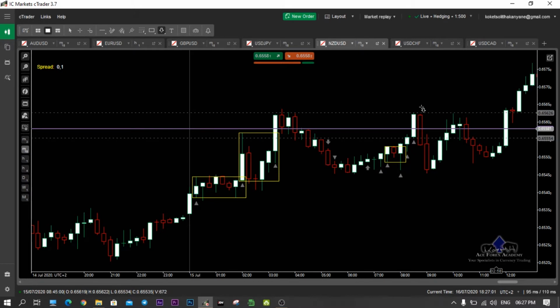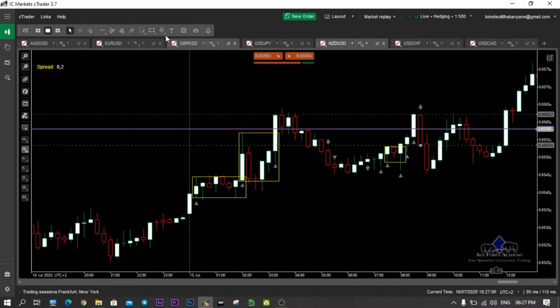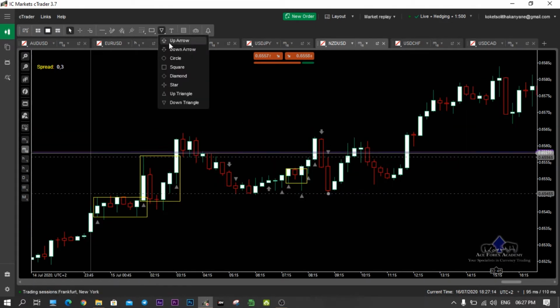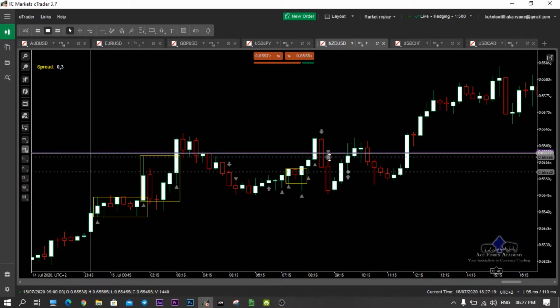The bulls then lost the battle and the bears kicked in, pushing us into the downtrend. But the downtrend wasn't sustained for too long, with the bulls then regaining strength and continuing to push the trend to the upside.